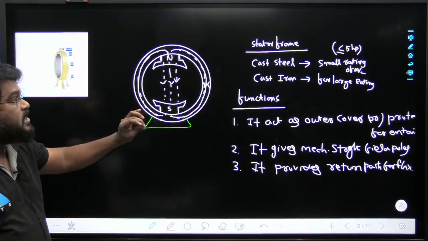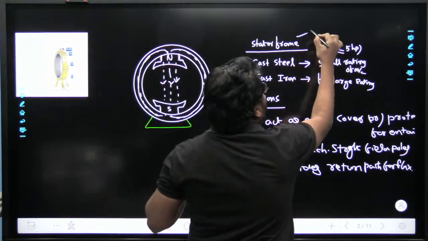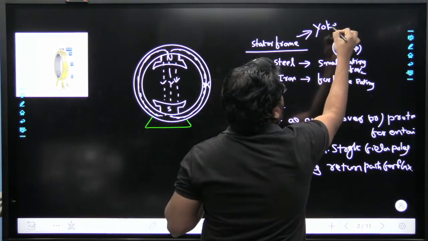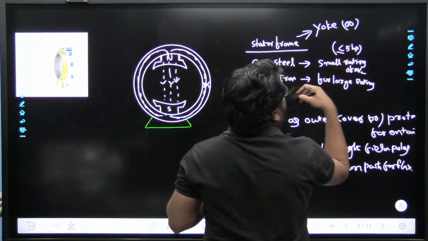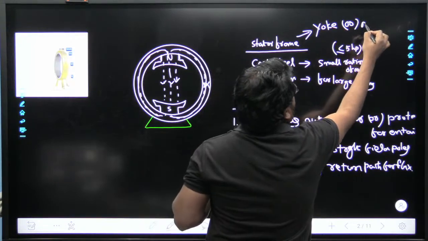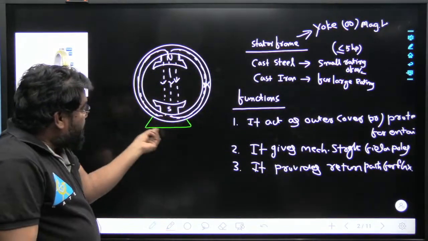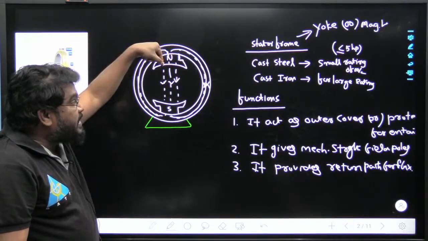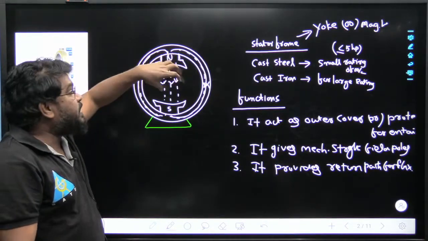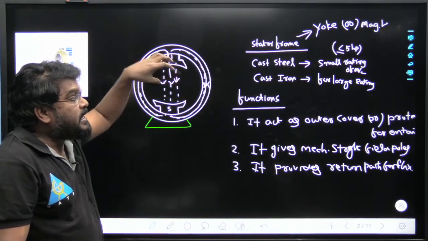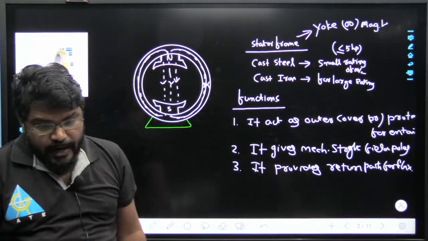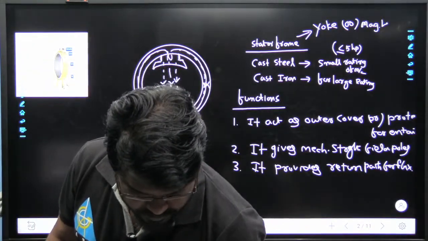I already mentioned that the stator frame is also called the yoke of the machine. It is also called, by another name, the magnetic frame. Why is it a magnetic frame? It provides the return path for the flux to flow. That's why it is treated as the magnetic frame of the DC machine. Is that clear now?